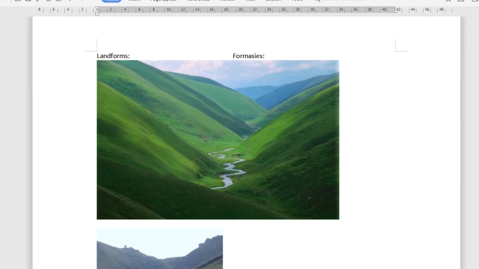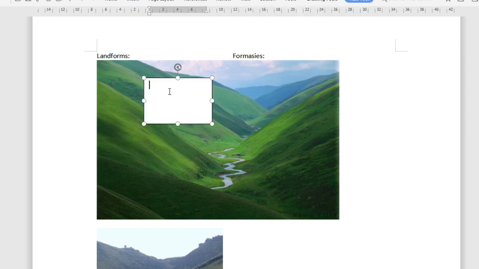Is it a valley? That kind of thing. Okay, so let's have a look at this picture here. So on this picture here, we've got a mountain here. This slope, is it gentle or steep? Okay, so this here is a gentle slope. Okay.